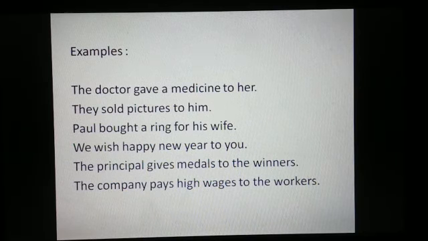So boys and girls, a medicine, pictures, a ring, Happy New Year, medals, high wages, they are all the direct objects which are followed by the preposition to or for, and then comes the indirect object, which are her, him, his wife, you, the winners, the workers.